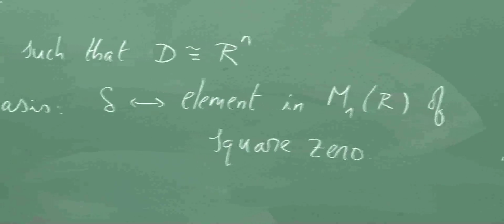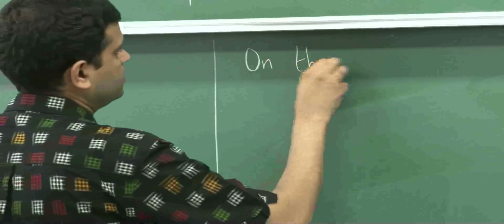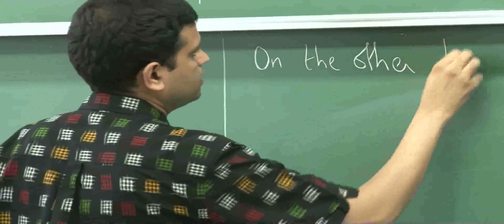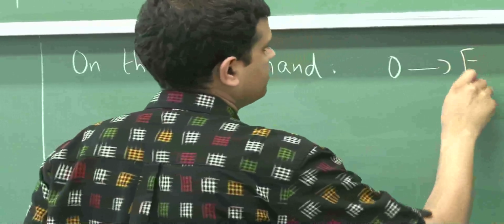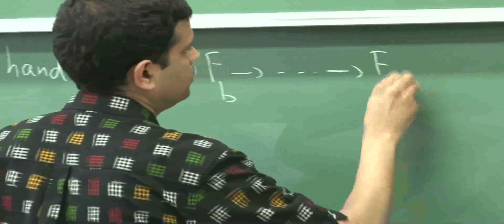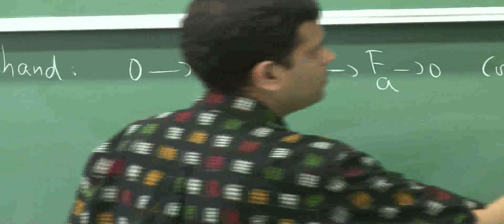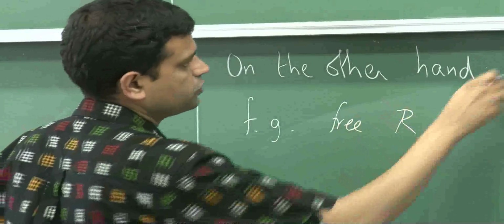On the other hand, let's see what happens if you start with a complex of finite free modules, finitely generated free R modules.